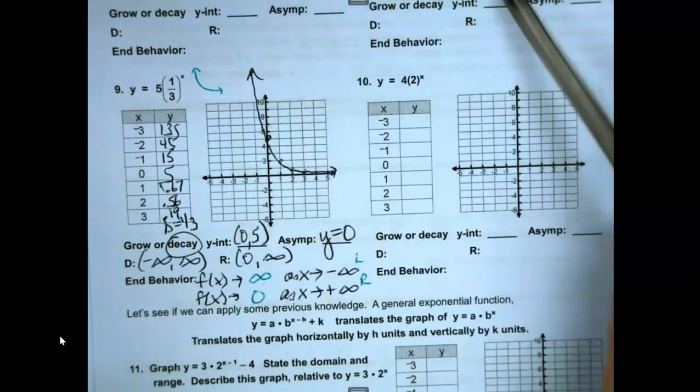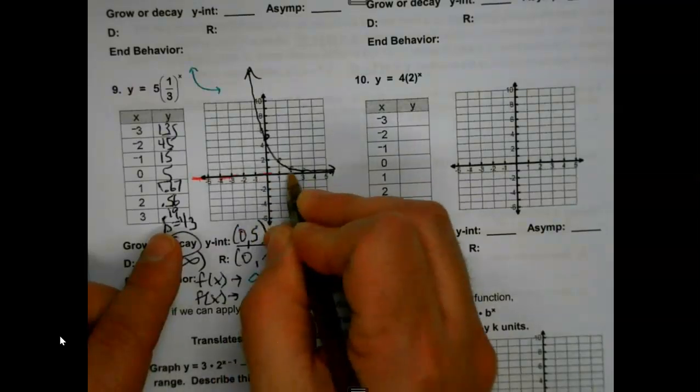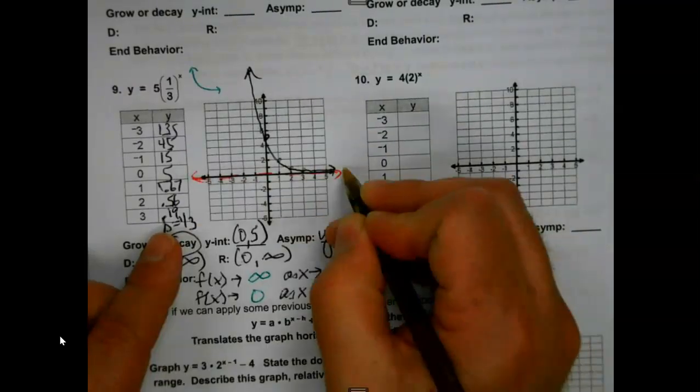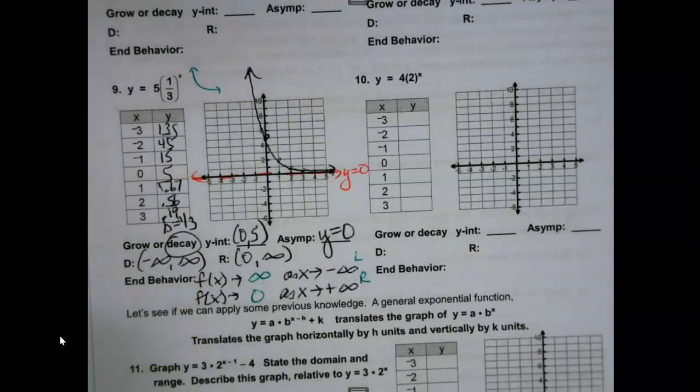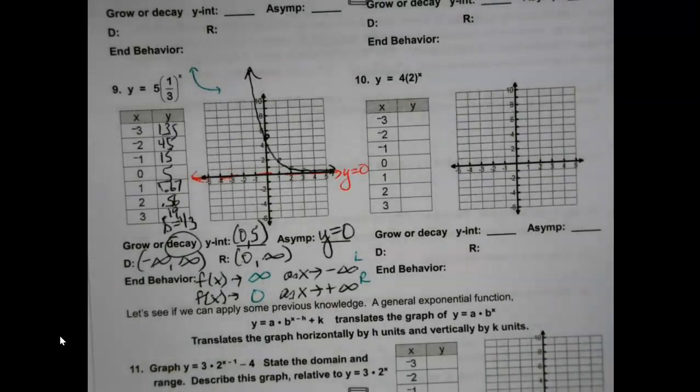We are still hugging the x-axis. Do not cross that asymptote. Don't do it. All kinds of trouble for you if you do.